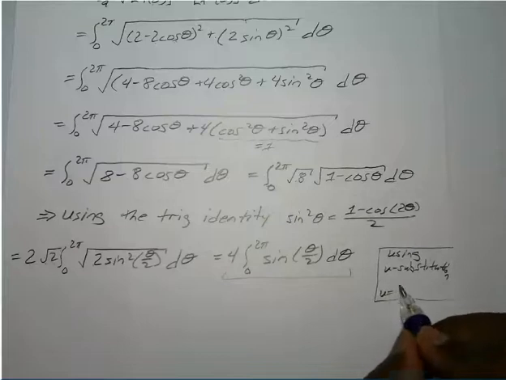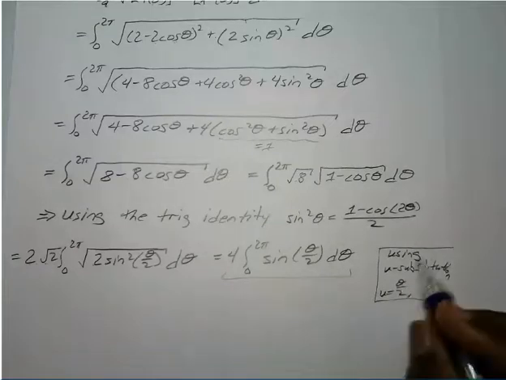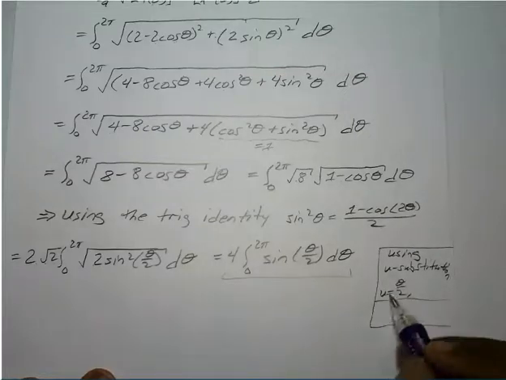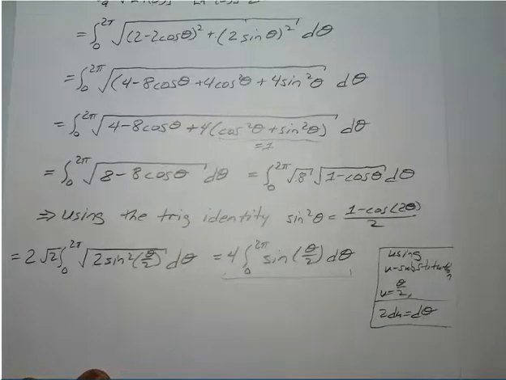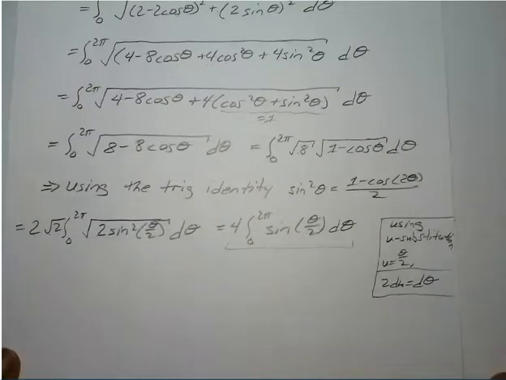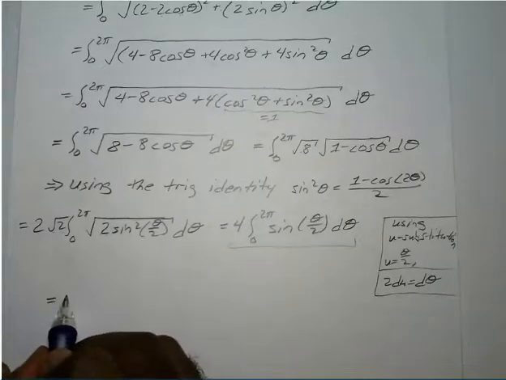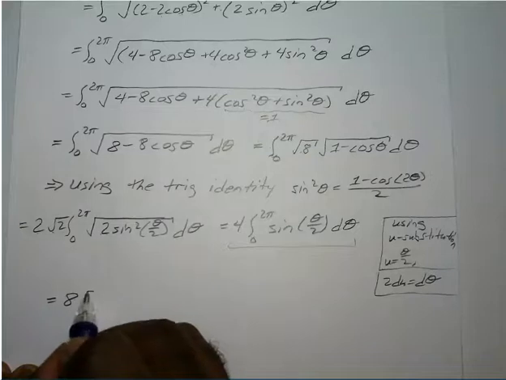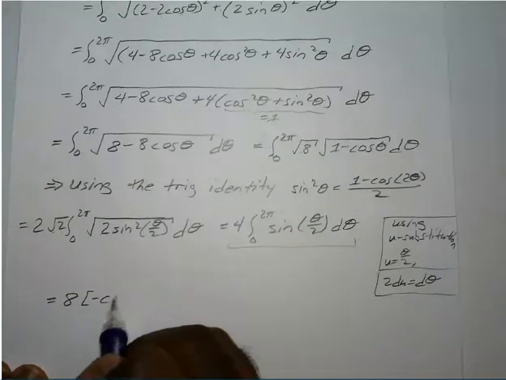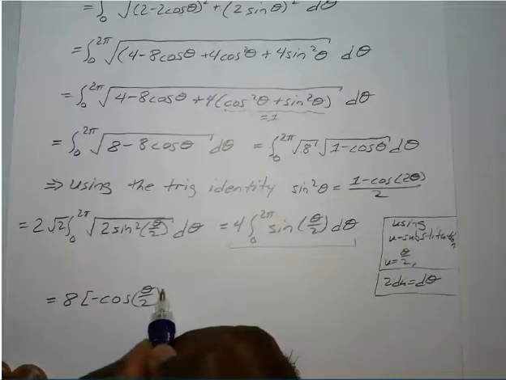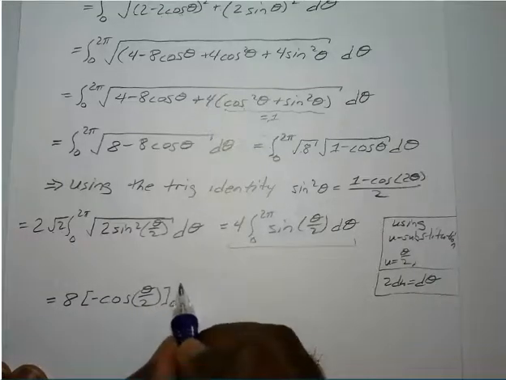If U equals theta over 2, then 2 du equals d theta. Alright, so we end up with 8 times negative cosine of theta over 2 as our integral. And that's from 0 to 2 pi.